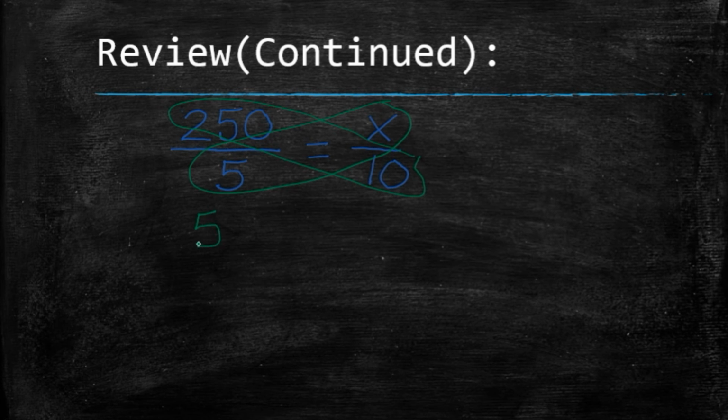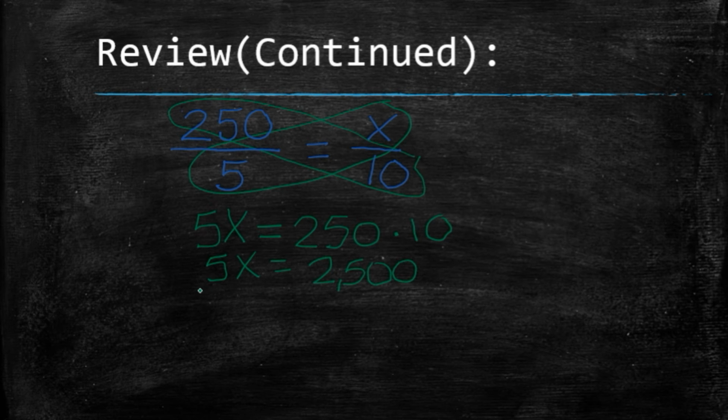So here you have 5x, or your coefficient is 5, or the number that is being multiplied by x is 5. And then 250 times 10. Okay, so there we have 5x. And then 250 times 10 is 2,500.